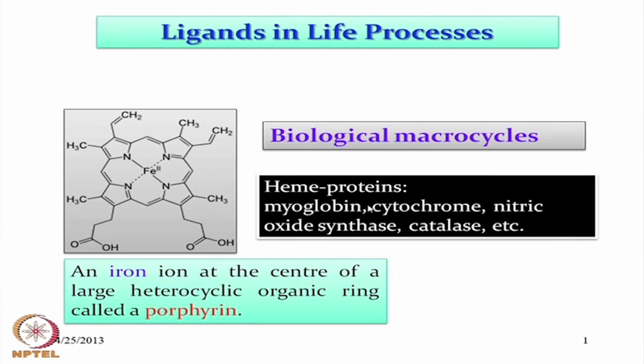Whenever we simply classify them as heme proteins, we will see that the iron is typically bound to the porphyrin ring. So, it is basically the corresponding chemistry of iron and porphyrin, and biosynthetic pathways are available where the porphyrin is synthesized in the living system.